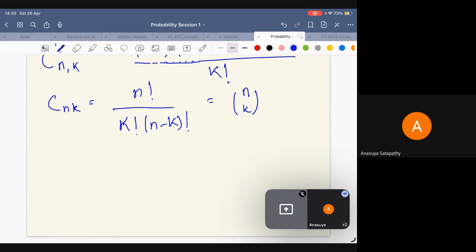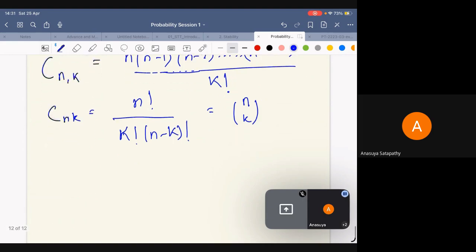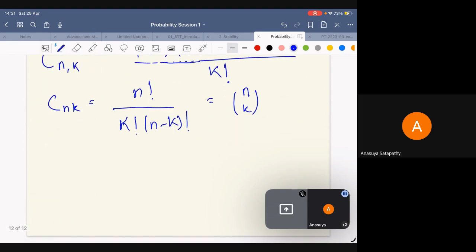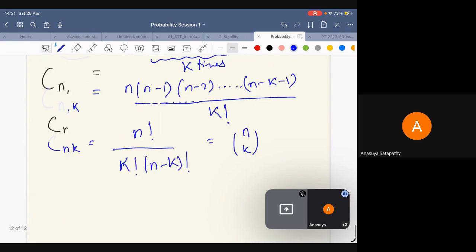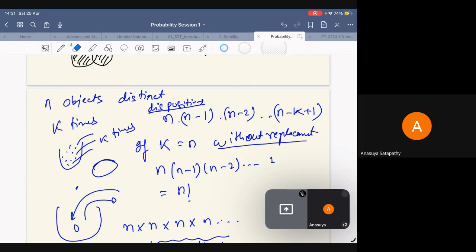Then when we use this combination, with and without replacement, both cases you can use. For example, for a question like the one I gave, there are n balls, and without replacement, so you don't have to replace it. Once the ball is taken out of the bag, it's thrown away. Imagine it like that.